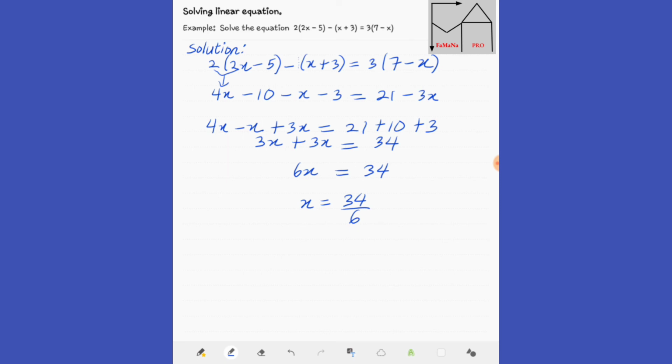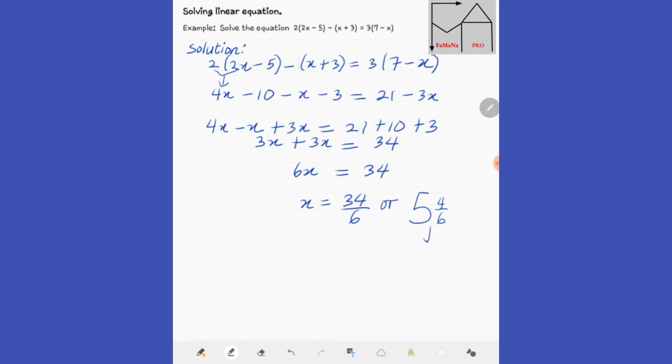So 34 divided by 6, and if you leave your answer as a mixed fraction, how many 6s can we get in 34? 6 times 5 we know is 30. So the remainder is 4 over 6. But this 4 over 6 can still be reduced.